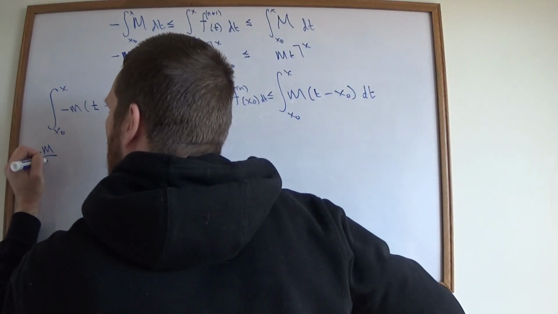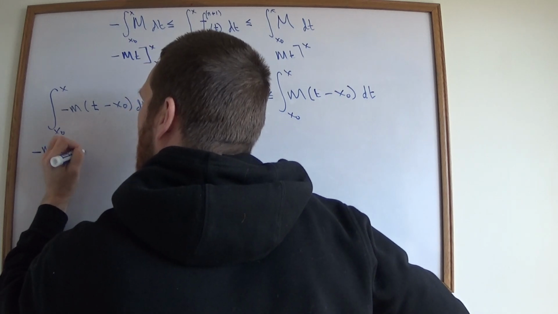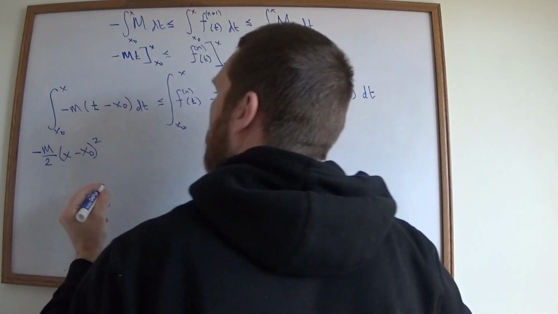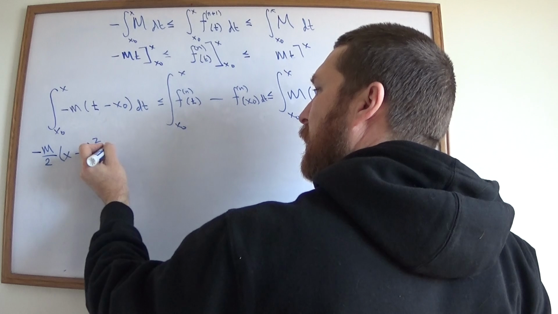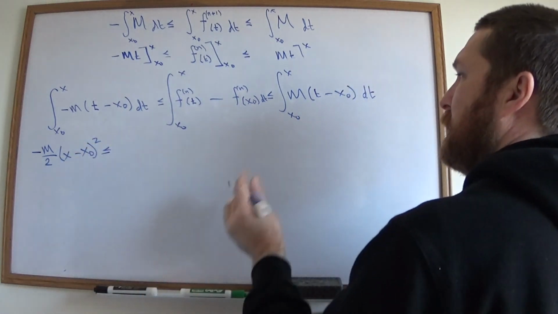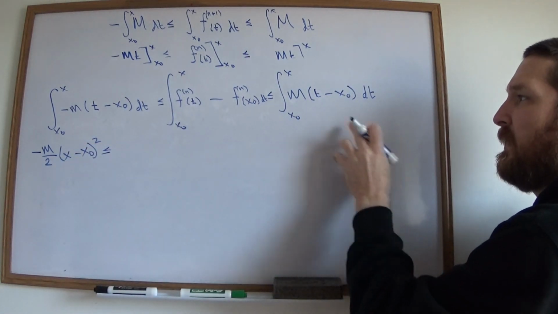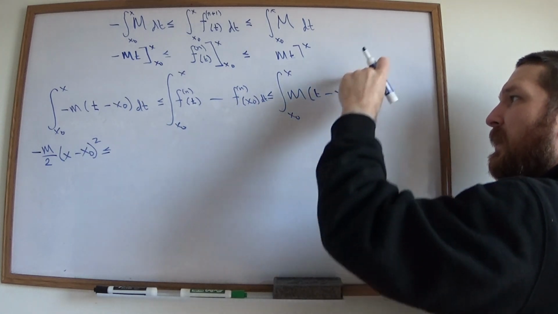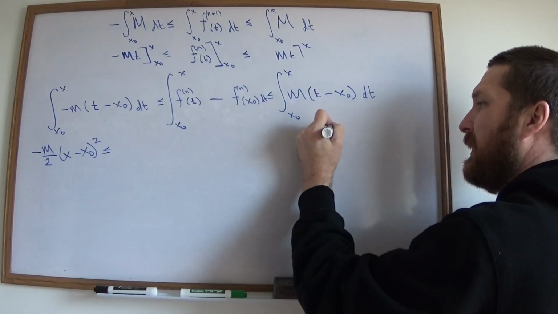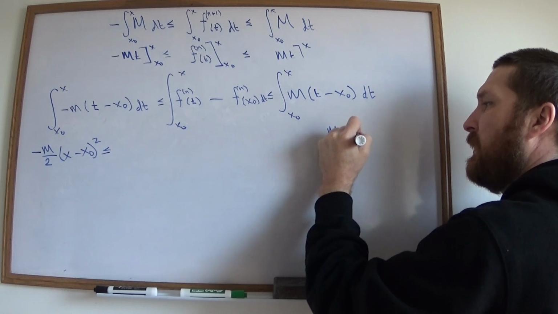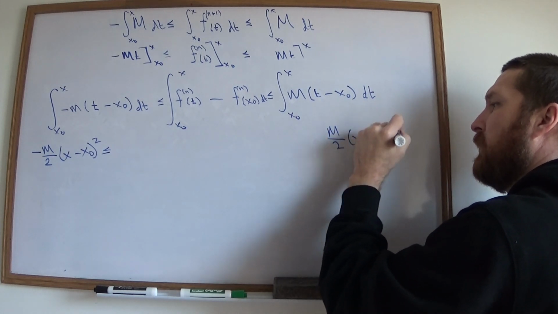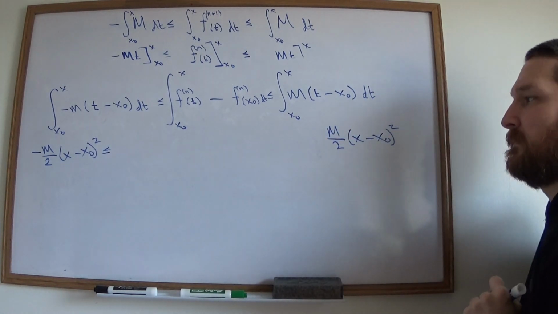Minus m over 2 x minus x0 squared less than or equal to, okay? Same thing over here. That m is going to come out, a 2 is going to go in the denominator. I'm going to have m over 2 x minus x0 squared, like that.